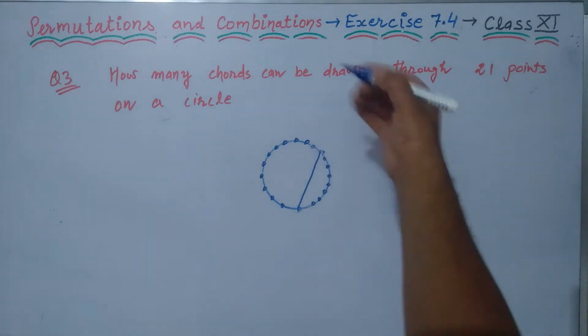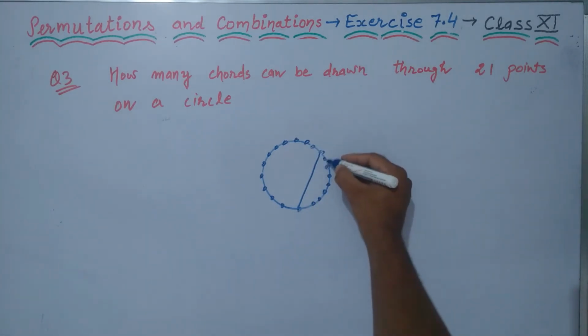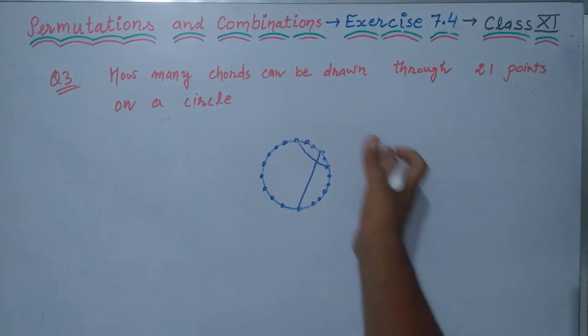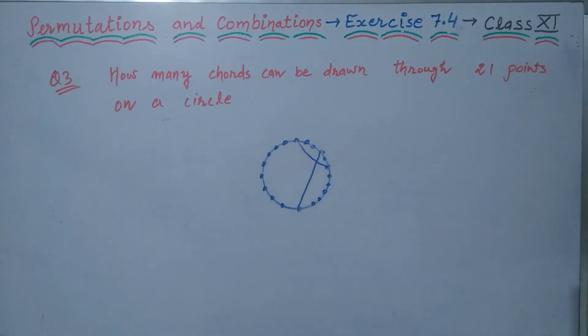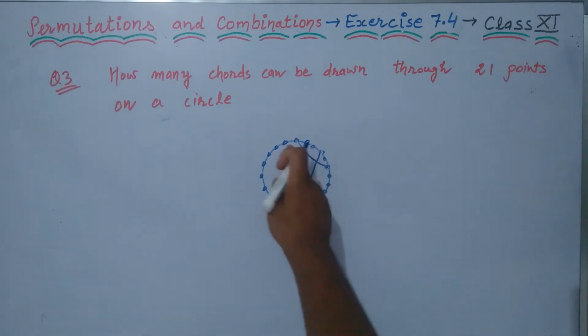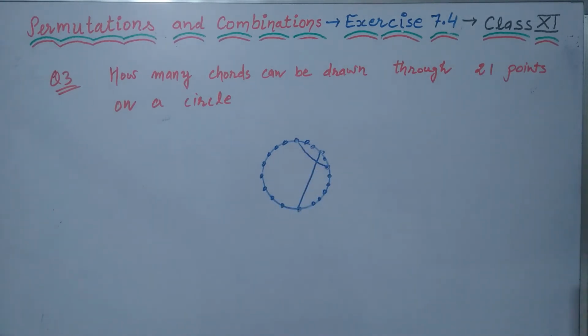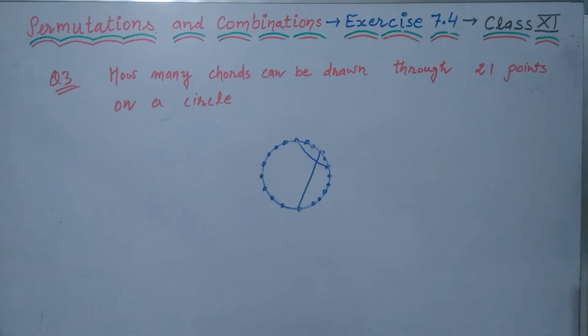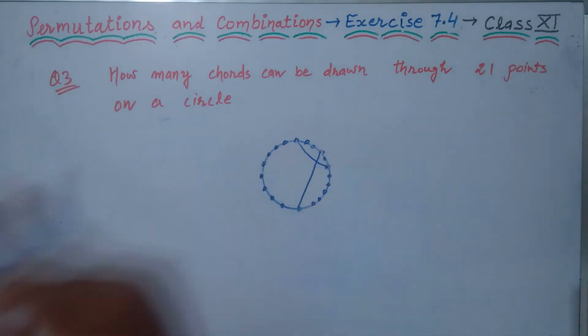So other time I can select this point and this point. So this is the way how many chords will be there, the ways how we can select the 2 points. This question depends on combination, because this depends on the selection of 2 points out of 21 points.